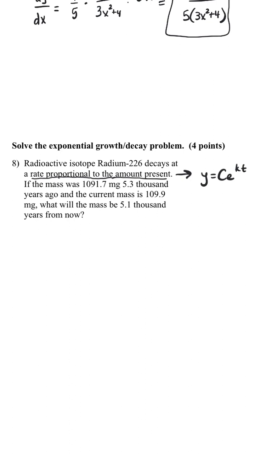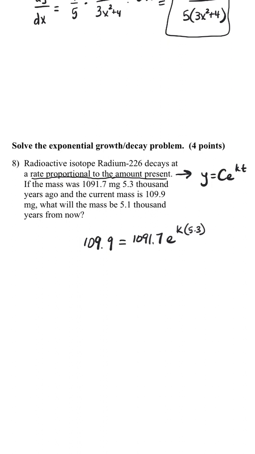So now we have 109.9, that's what I'm going to put in place of y, and then the initial amount 5.3 thousand years ago was 1,091.7, and that took 5.3 thousand years. So now we can use this exponential decay model to solve for k, that relative growth rate, because we need that to answer this question: what will the mass be in 5.1 thousand years?